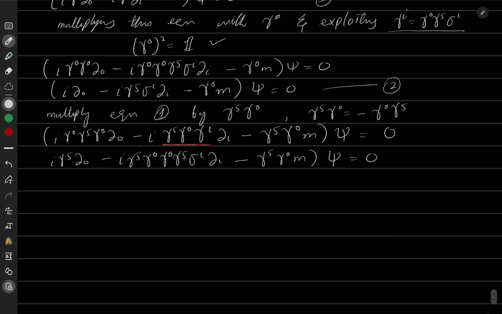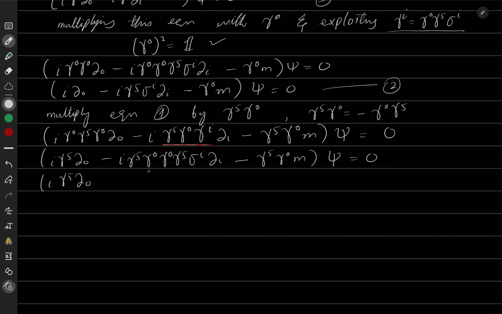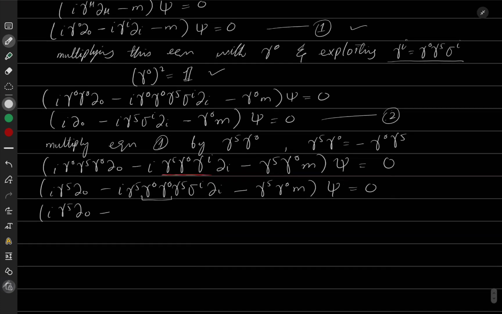Okay, moving on. iγ^5 ∂_0 minus, this will give me the identity, and here I have two γ^5s and a σ^i, and γ^5 squared is also unity, so I get σ^i ∂_i.